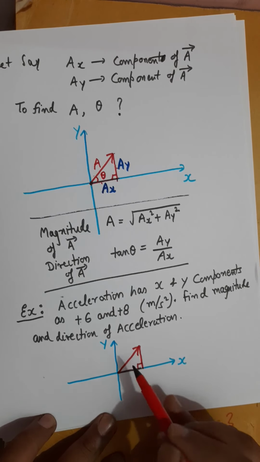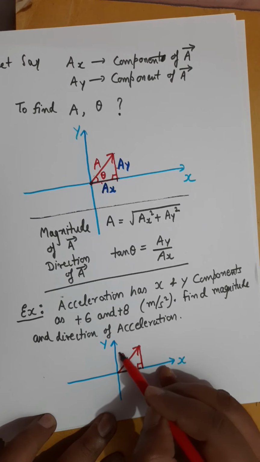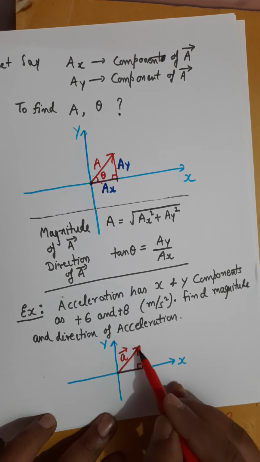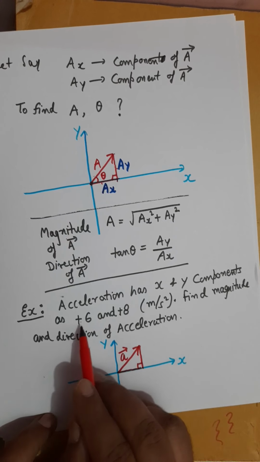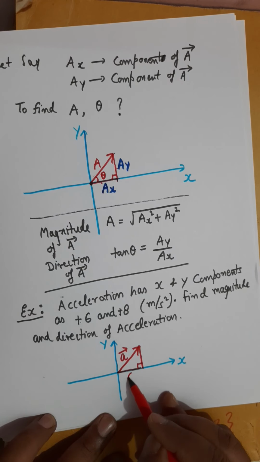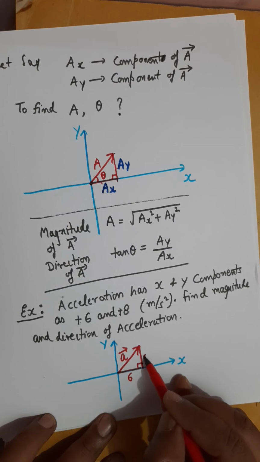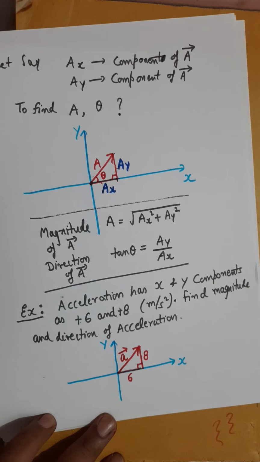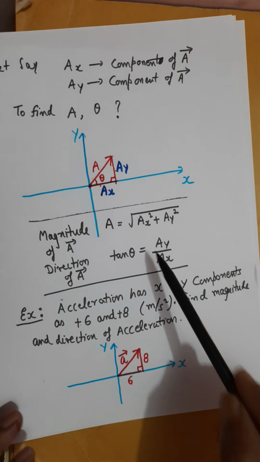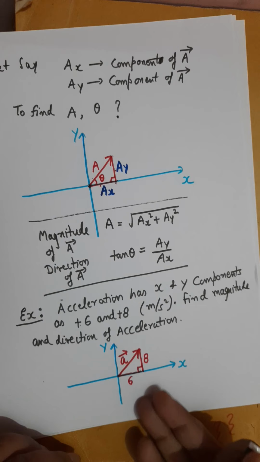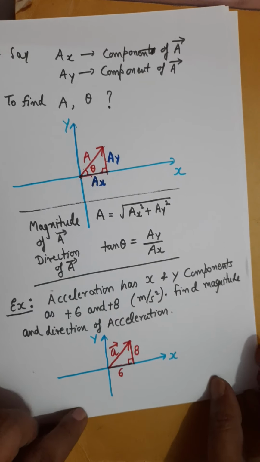Remember, the hypotenuse is your vector, and the other two sides are the components. So x component is 6, that means this length is 6. Y component is 8, this means the other length is 8. Without remembering the formula, you can use the process and simply apply the Pythagoras theorem.